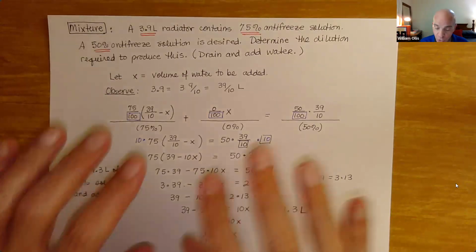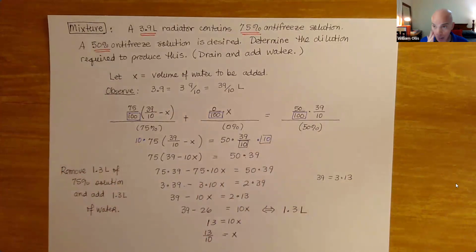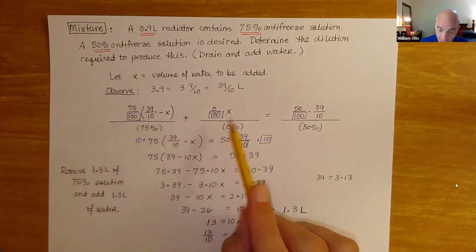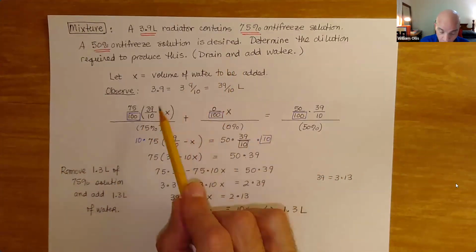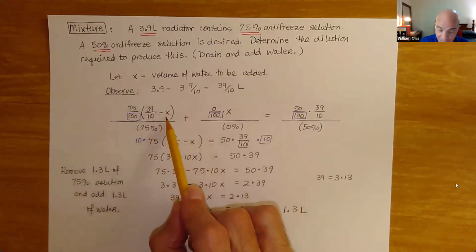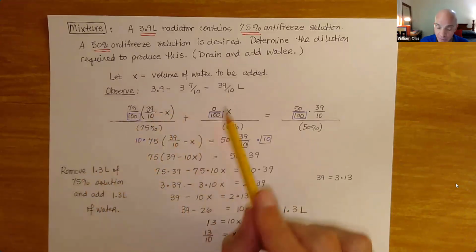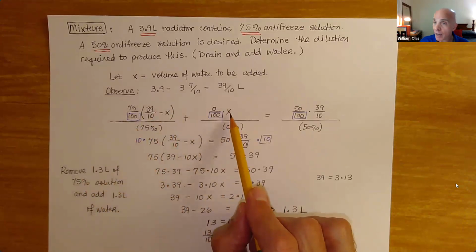Now, one thing that you have when you're mixing two items, we're thinking of percentage antifreeze. So we're actually mixing a solution of antifreeze with water to make it more dilute. But that actually puts a little kink in the problem, because, for instance, when we think about this, we're doing the draining part. So now we've got 39/10 minus X as the volume of the 75% solution. And then, of course, we're adding the volume of water.